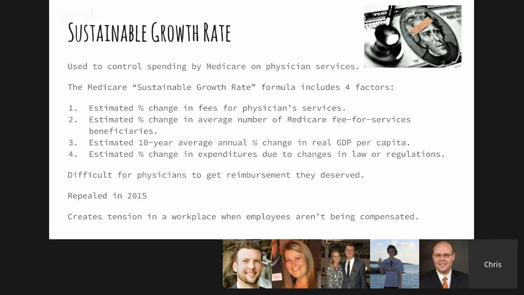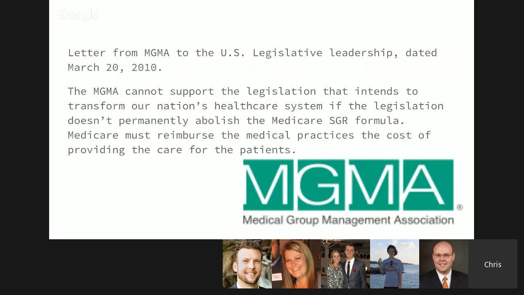Next slide, please. So there was a letter from the Medical Group Management Association, or MGMA, like we heard about earlier in the beginning, and it was written to the United States legislative leadership on March 20th in 2010. In the letter, they addressed that the MGMA cannot support the legislation that intends to transform our nation's healthcare system if the legislation doesn't permanently abolish the Medicare SGR formula.